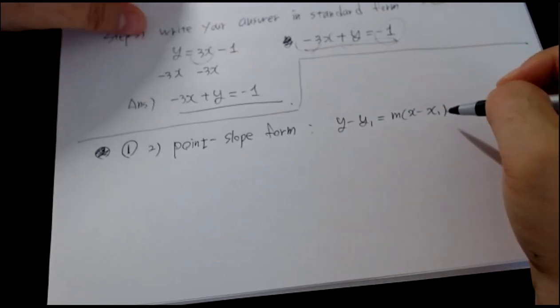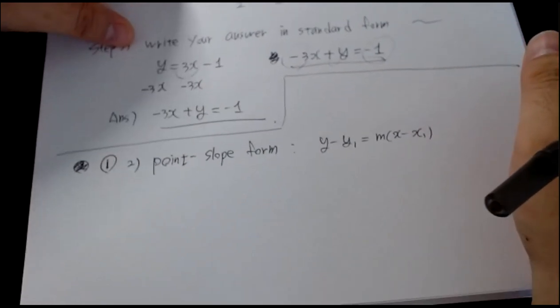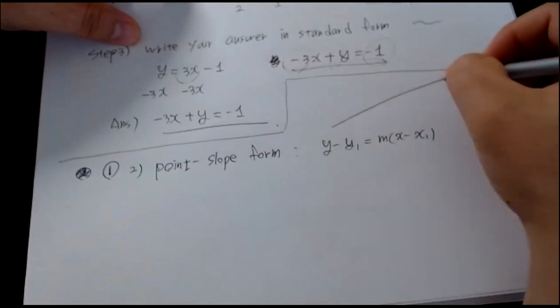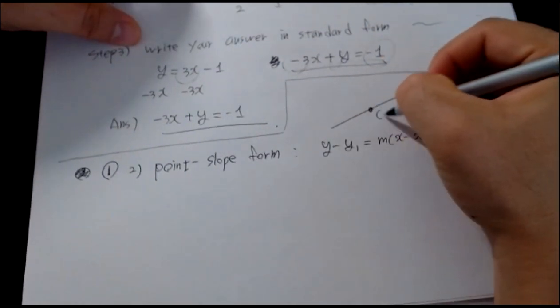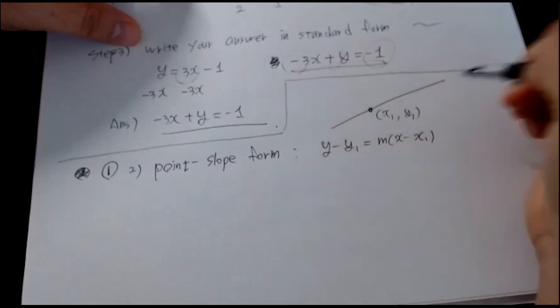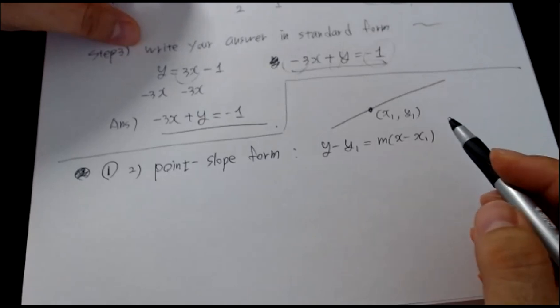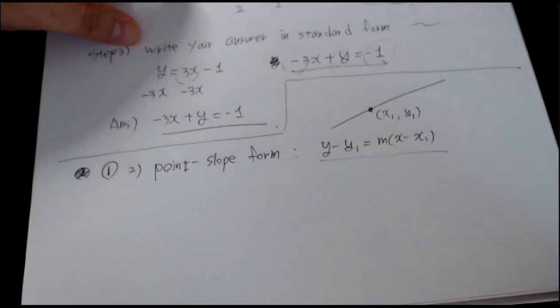So what is x1, y1? That's the point on the line. So let's say this is the line of that equation, and let's say this is x1 comma y1, right there. Then we can say the equation of the line can be described like this.